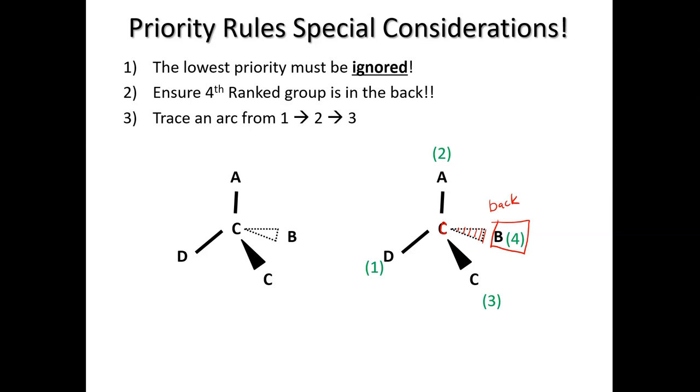And then we're going to trace from 1 to 2 to 3, and we're ignoring whatever is in the back of the molecule. So I'm going to go from high priority 1 to 2 to 3. I'm skipping and just ignoring and going right over 4. And so we know that this is shown as an R enantiomer because we trace from 1 to 2 to 3. So let's look at a few examples like that.